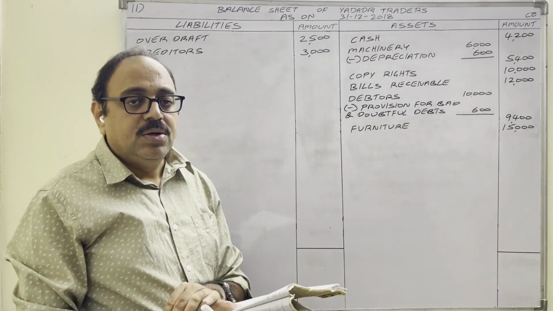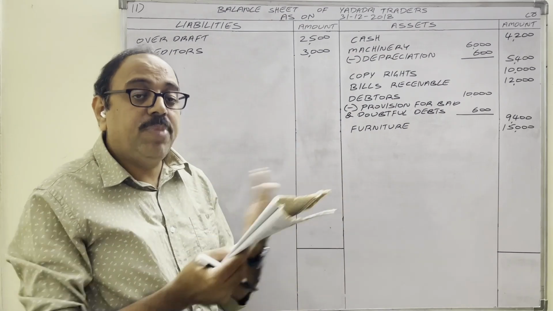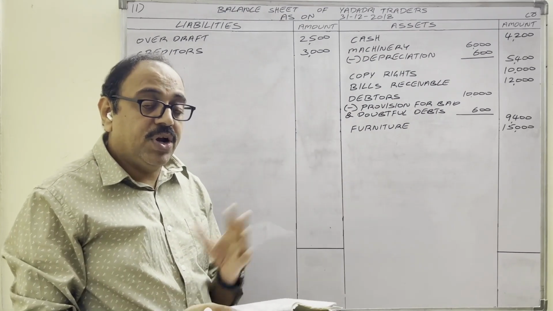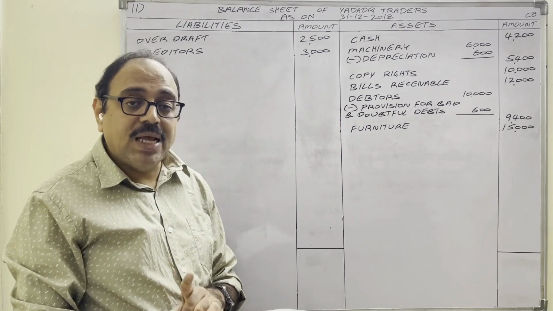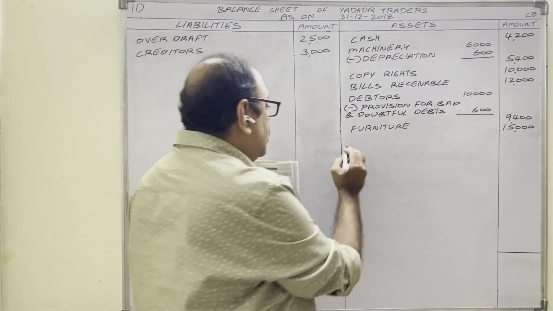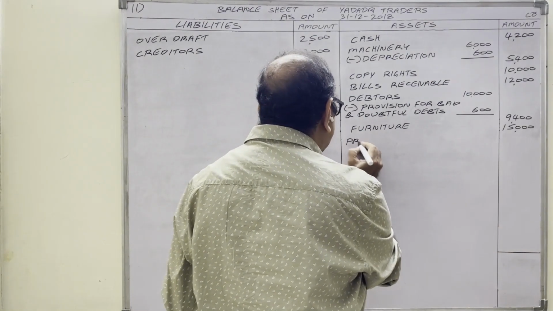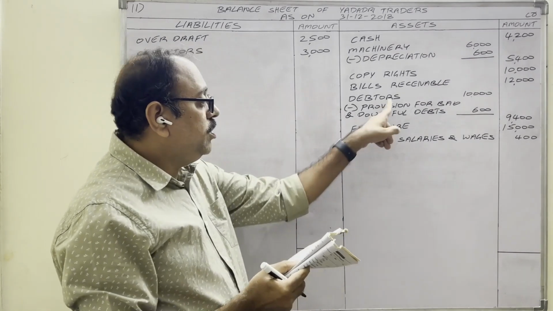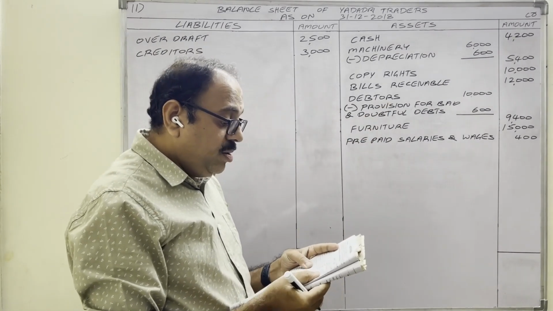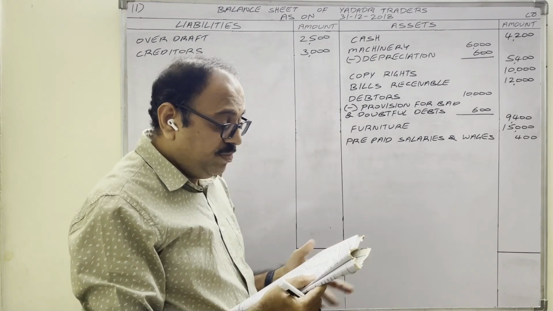Without receiving the benefit, we paid money. In future, we have to receive the benefit. Therefore, this is an asset. Asset side: prepaid salaries and wages, 400 rupees.